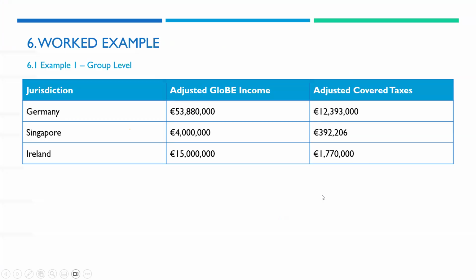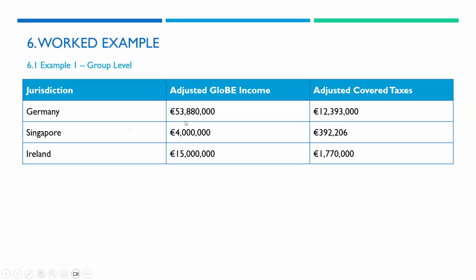You tell me, how much are the covered taxes? Here I don't think there is any jurisdictional blending because these are all in different jurisdictions. So you don't need to add anything. It is just this divided by this.